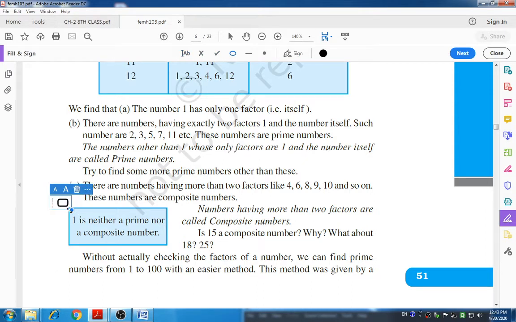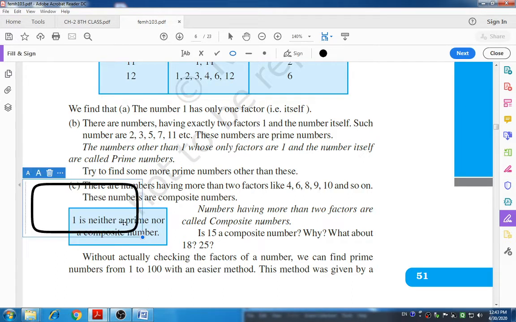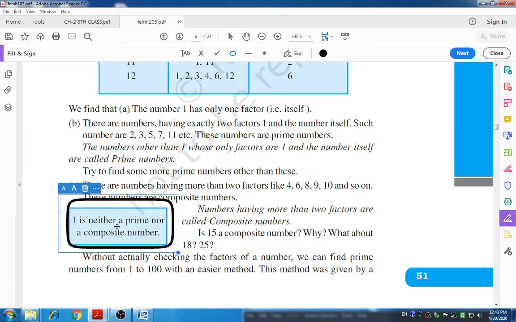Read this carefully. One is neither prime nor composite because 1 has only one factor. So because of that reason it is not prime and also not a composite number.